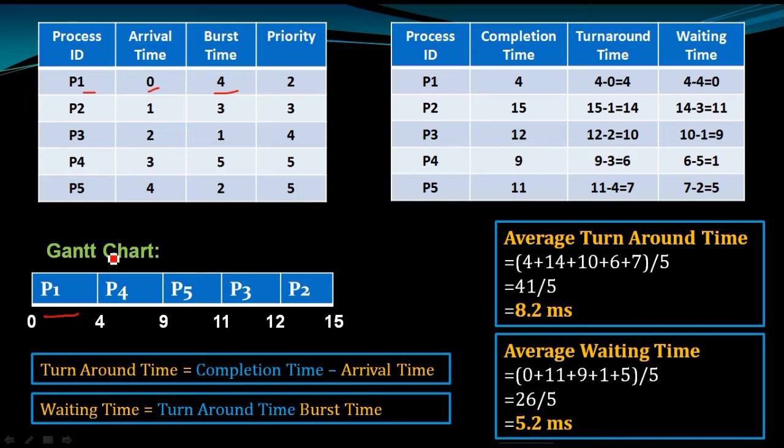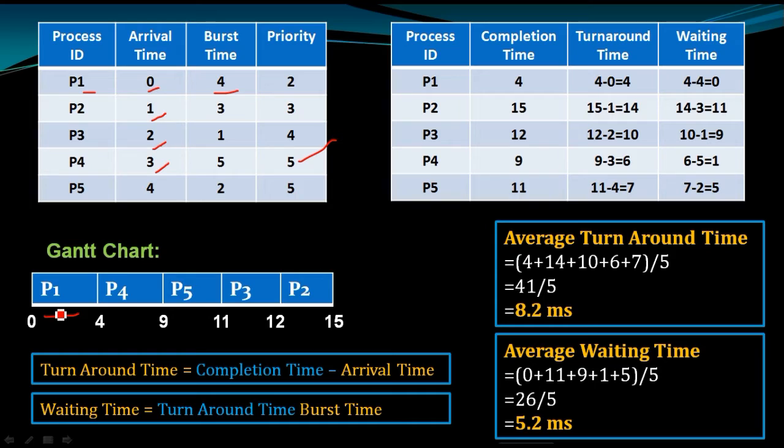It doesn't see whether another process of higher priority arrives during its execution. During its execution the highest priority process has also arrived, but still P1 doesn't stop. It continues and completes its burst time because it's non-preemptive priority scheduling.